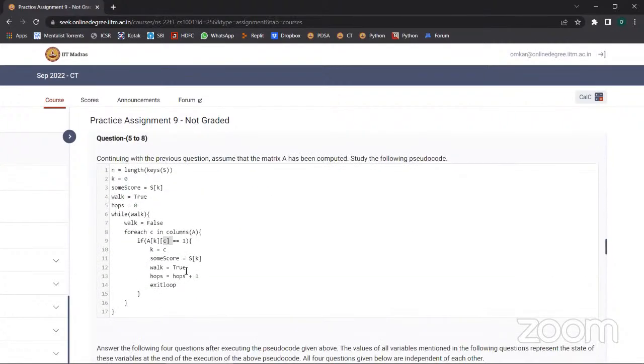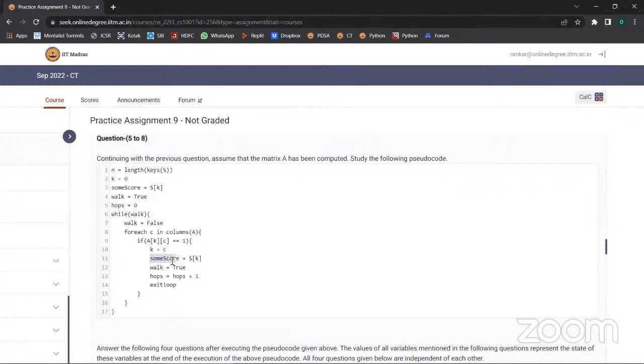So this condition will hold true only if K scores more marks than C. If that is the case, we are updating the value of K as C. So if, let's say, A scores more than B, that means there is an edge from A to B, we jump to B. And then from B, we do something else.